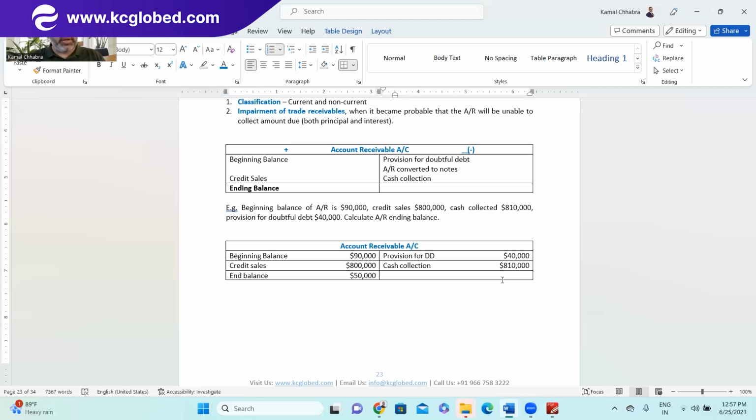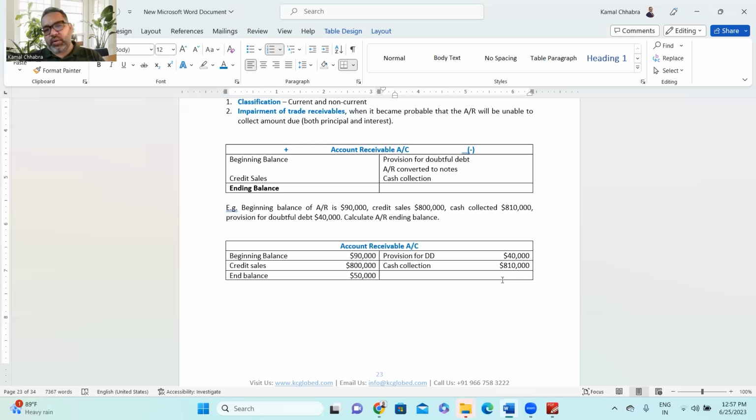There would definitely be a question on this in a different form. But principally, you should know how to make a T account for account receivable. Sometimes they will give you opening balance, cash collection, account receivable conversion, provision for doubtful debt, and ending balance, and ask you to calculate credit sale.